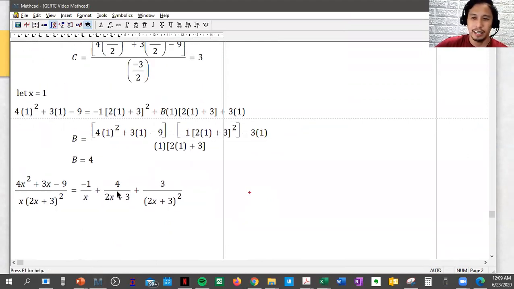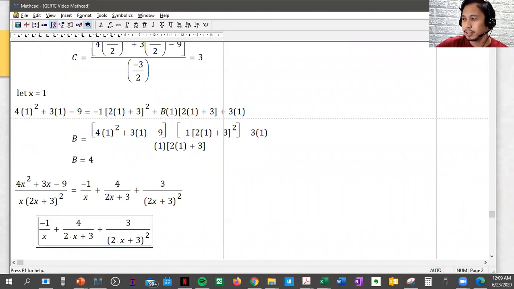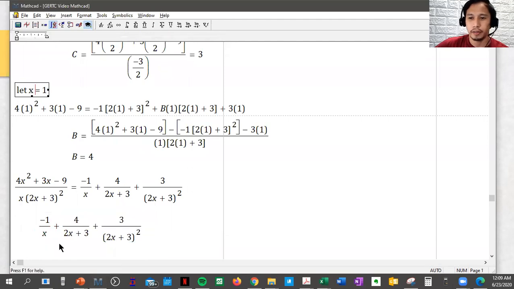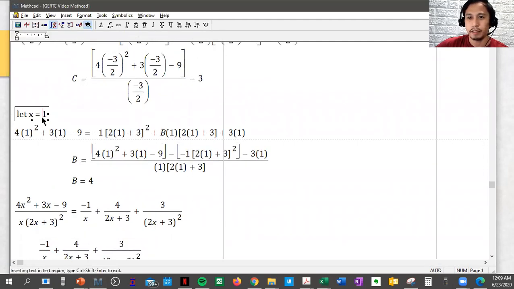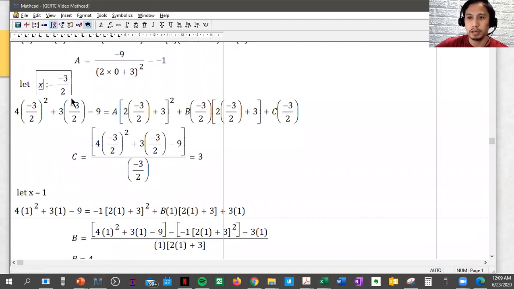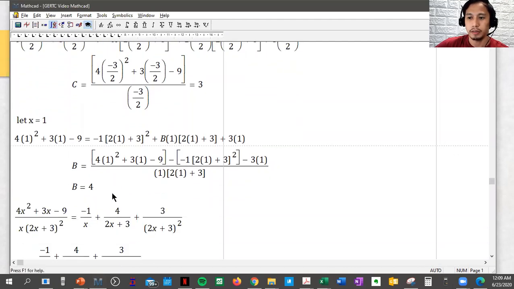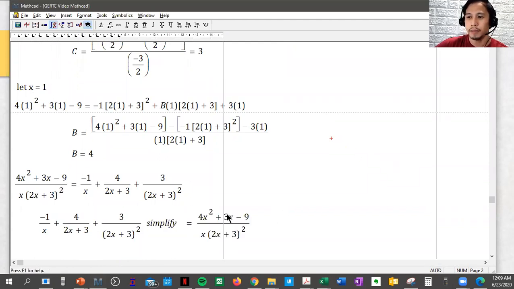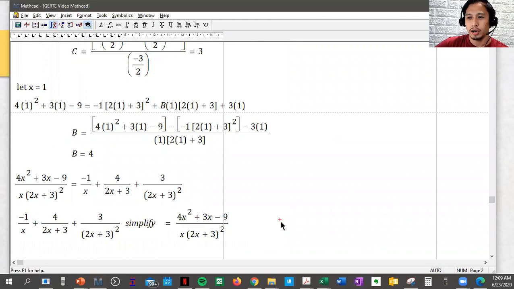Ganun yan. Ibig sabihin nito, if I'm gonna expand this, let me try. Okay. See, the numerator becomes 4x squared plus 3x minus 9.